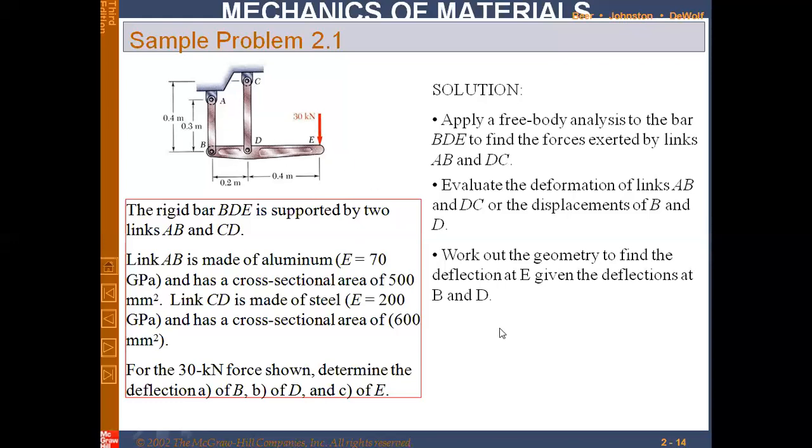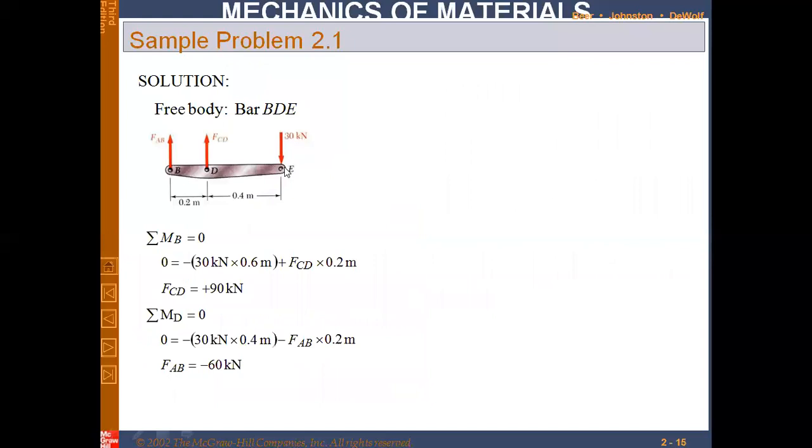So we could even visualize what would happen to this link during the application of loading. Since we are handling this problem with a free body diagram, we are separating each and every link from each other. So I'm separating the rigid link. The external load here is 30 kilonewton. We could easily assume that the link CD would apply a load on this link, and similarly the link AB would apply a load on this link.